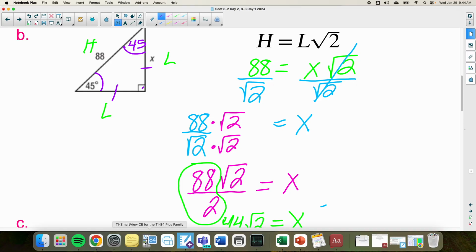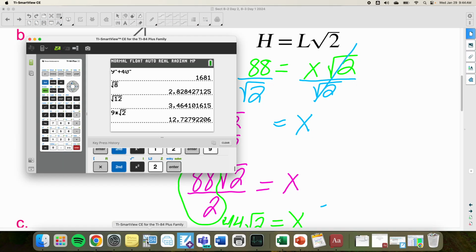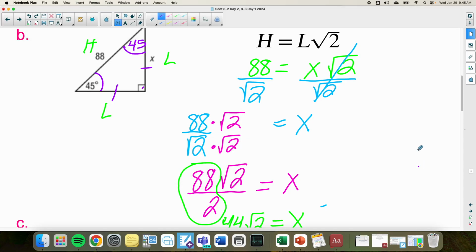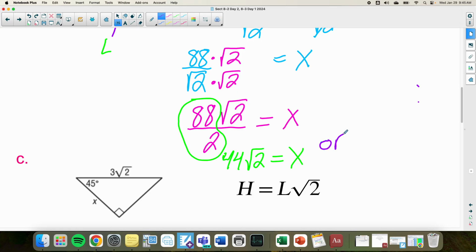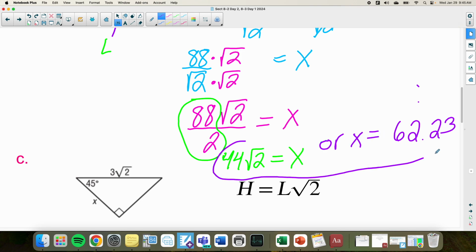So what we would do is 88 divided by square root of 2, and that's 62.23. I am fine with you guys doing it either way. Okay?